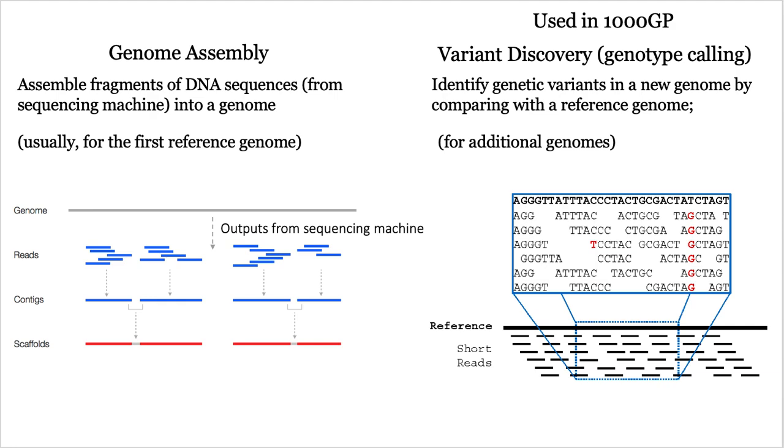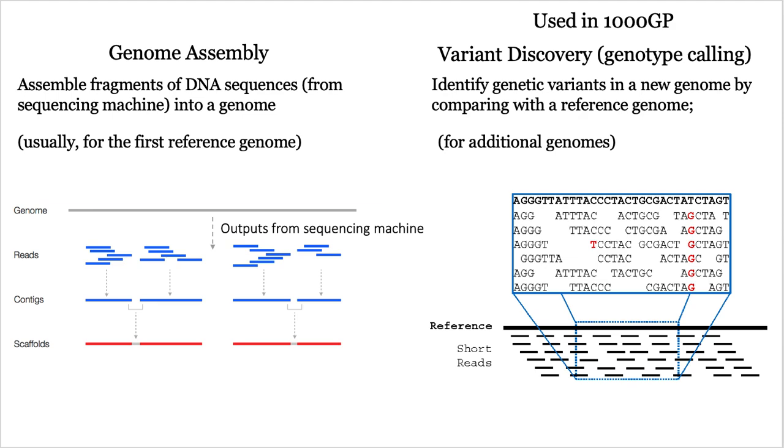The idea is that you get the DNA from some participant, you process it, and you send it to a sequencing machine. The data you get from a sequencing machine are fragments of DNA, fragments of sequence.